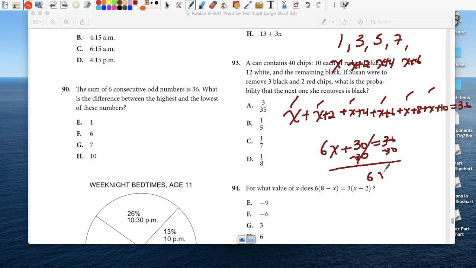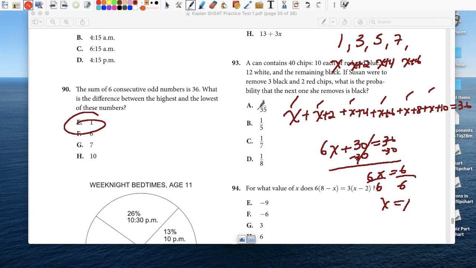We have 6x equals 6. Divide both sides by 6, and x equals 1.